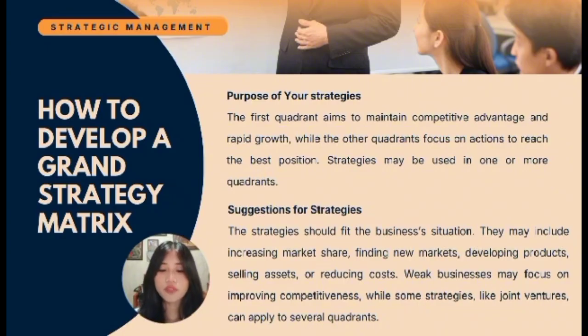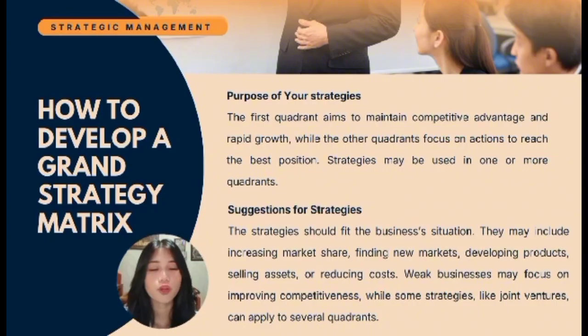And since the business is already doing well, what it needs is to continue to grow and protect its advantage there. And then for quadrants 2, 3, and 4, they focus more on finding ways to move toward a better business position.